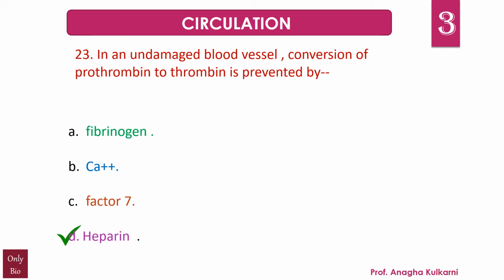Heparin is synthesized by the mast cells of the connective tissue and also to some extent by the liver. So heparin prevents the conversion of prothrombin into thrombin and fibrinogen into fibrin. These two substances are essential for blood clotting. So the correct answer here is heparin.